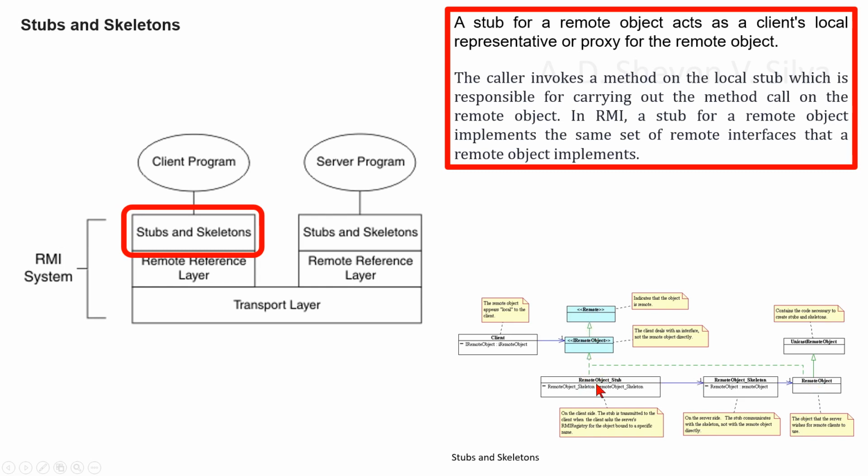These stubs and skeletons are an implementation of the proxy design pattern, which is related to the decorator design pattern. Stubs and skeletons are adapters that first adapt the client to the internet and then the internet to the server object.